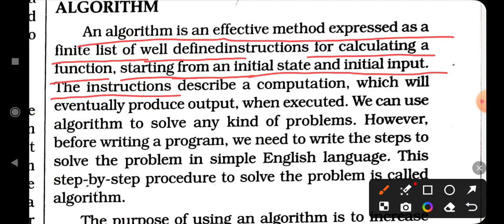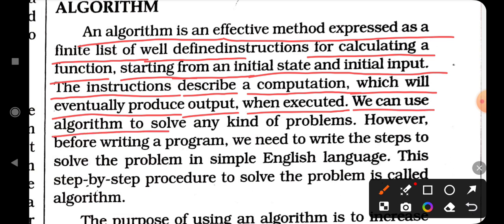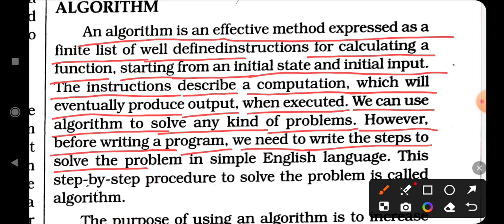The instructions describe a computation which will eventually produce output when executed. We can use algorithms to solve any kind of problem. However, before writing a program, we need to write the steps to solve the problem in simple English language.